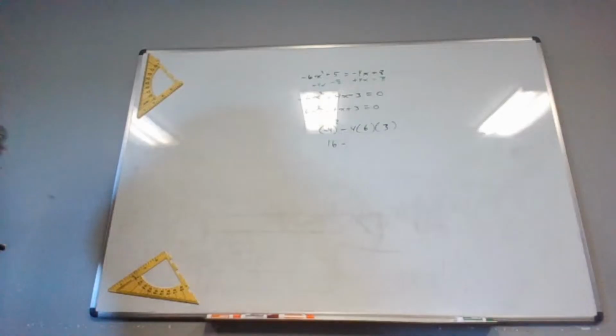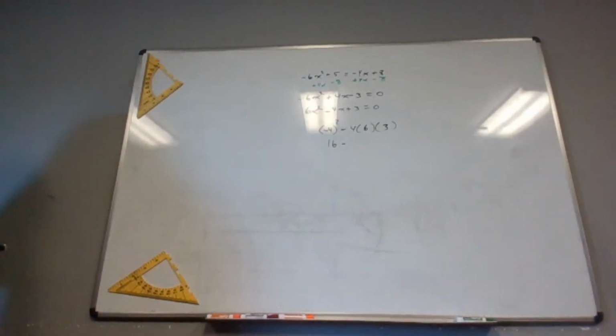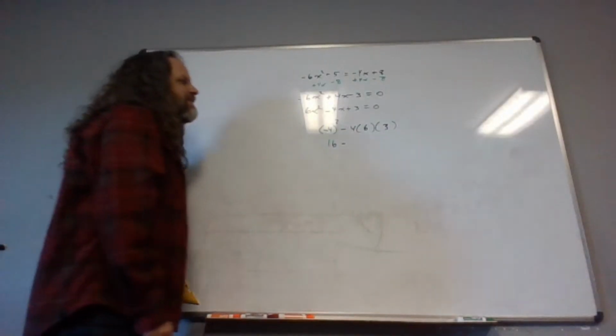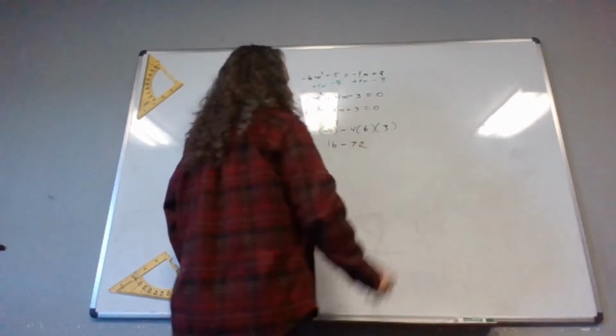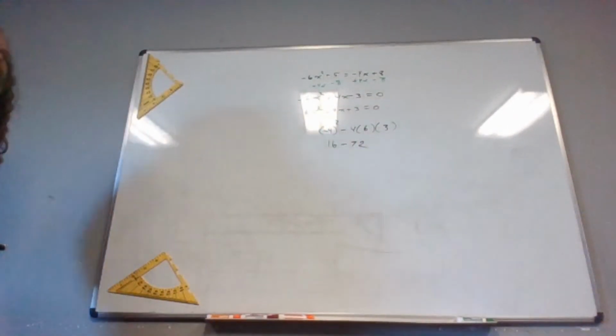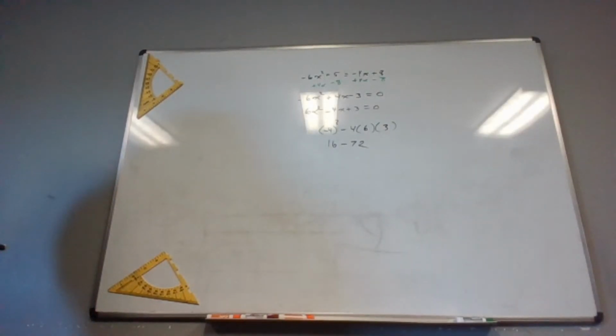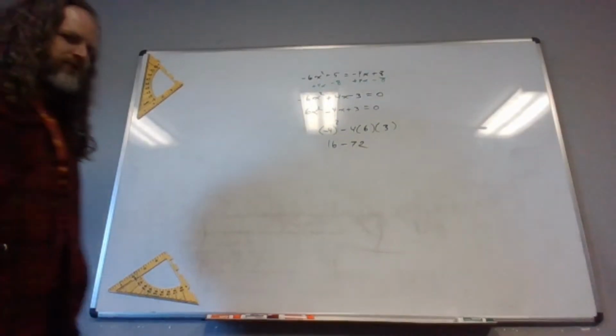Because it's not -36. It's 4 times 6 is not 12. What is -4 times 6 times 3? Negative 48. -72. Because you also have to multiply by 4. Oh, I accidentally put a 2 instead of a 3. That's probably why. Probably true. What's 16 minus 72?